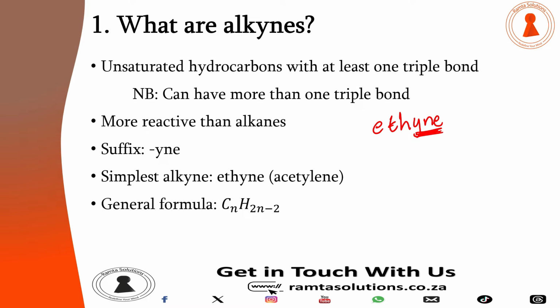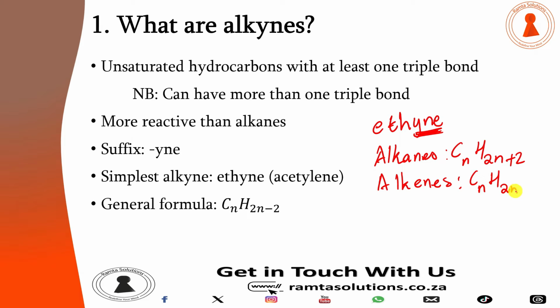Then the general formula. You guys recall alkanes, their general formula was CnH2n+2, and then alkenes, for the double bond, had two fewer hydrogens than alkanes.